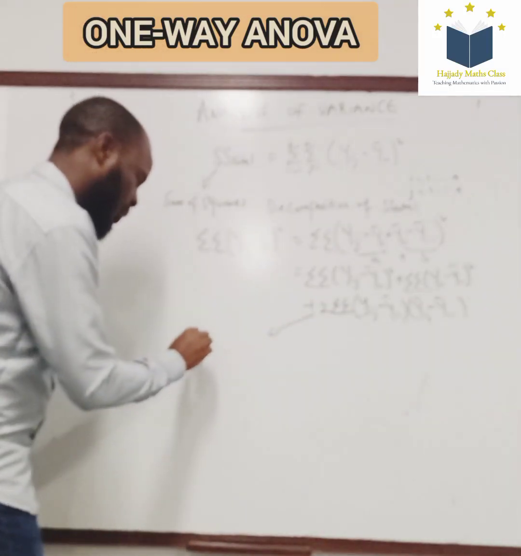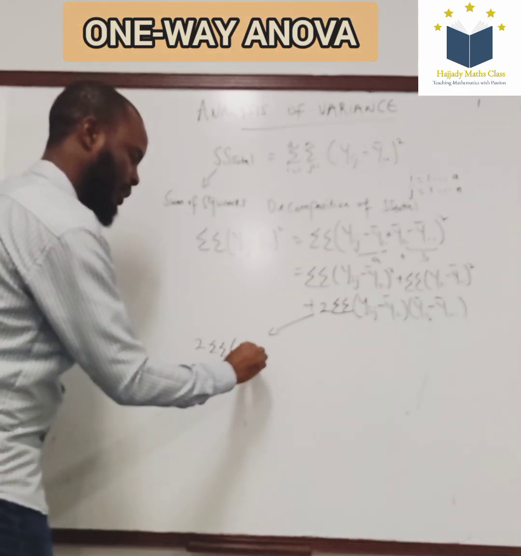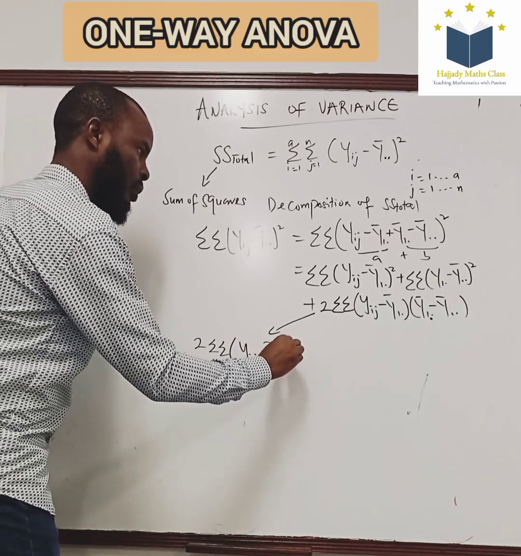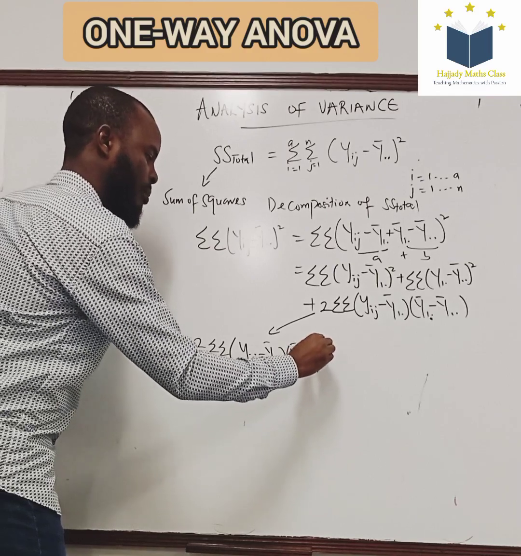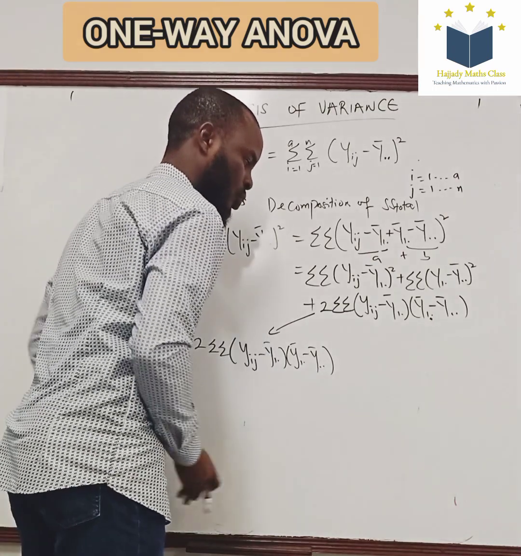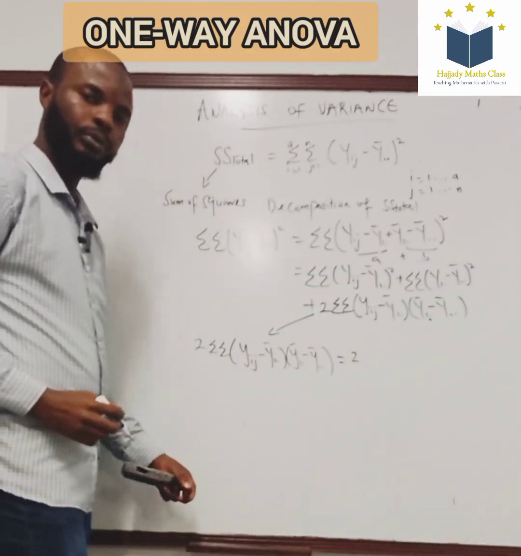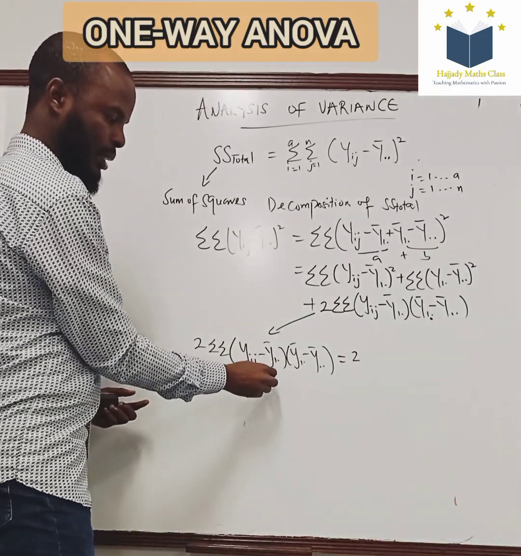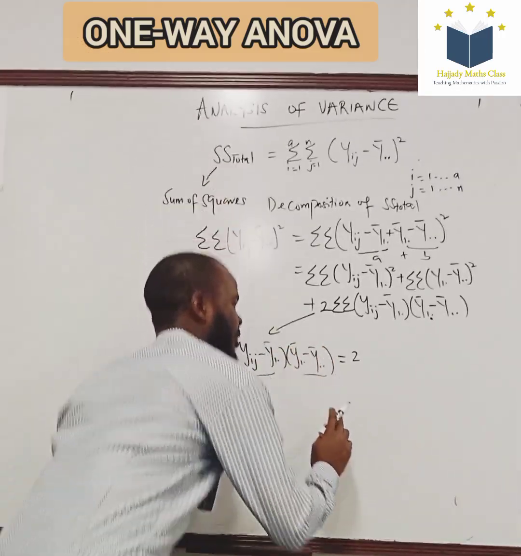Okay? Now, we have 2 double sums Yij minus yi dot bar times yi dot bar minus y dot bar. So this is the same thing as you having 2. Let this be intact, then let's distribute this. So let me just go down a little bit.